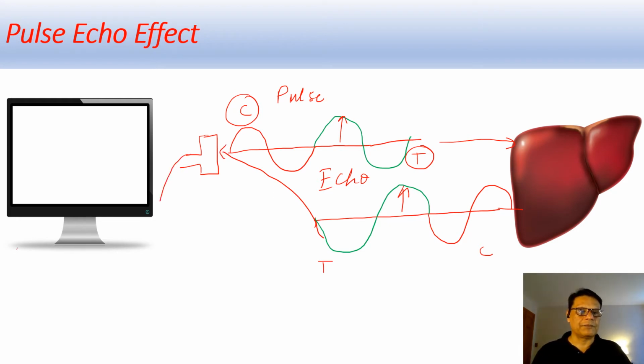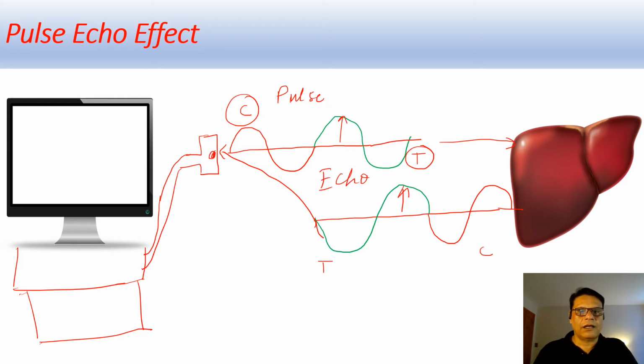And the transducer, suppose here is our machine, and these pulses are converted into electrical current, and this electrical current pulse echo goes on the display and makes a dot.